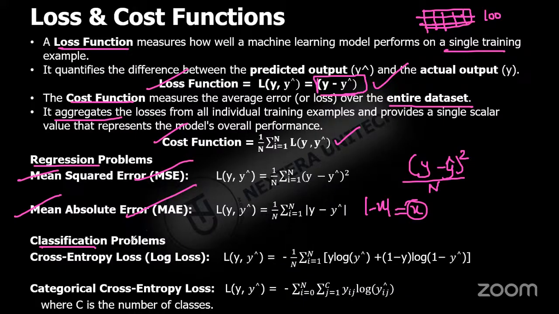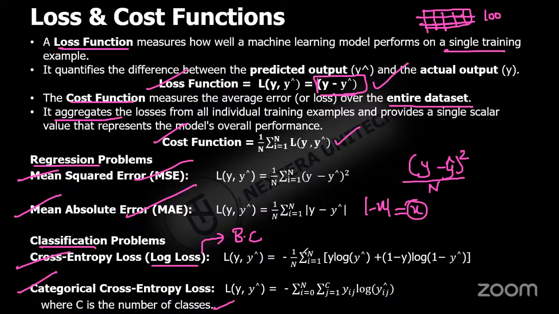What about classification problems? We use cross entropy loss, also called log loss. This is for binary class. If there are only two classes, we go with cross entropy loss or log loss. If there are multiple classes, we go with categorical cross entropy, where C represents the number of classes.